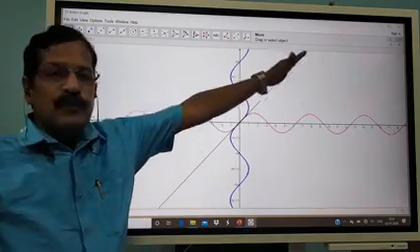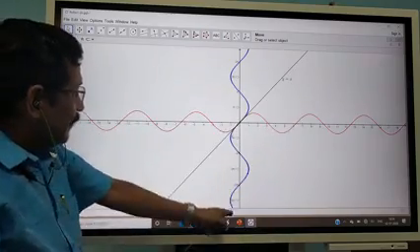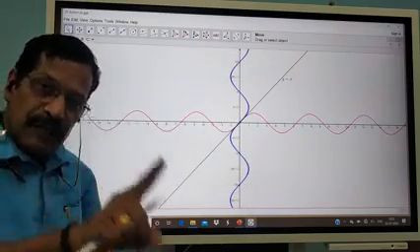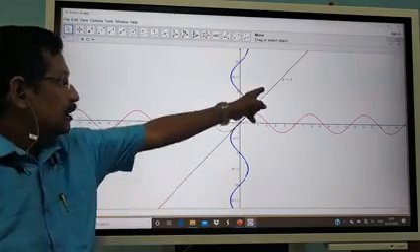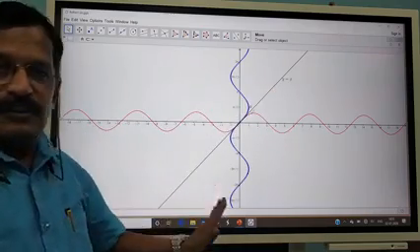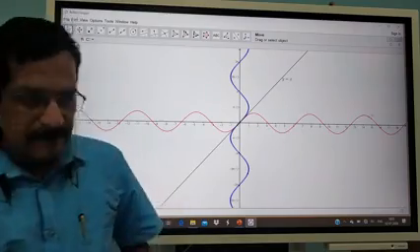This is the line y is equal to x. Now it is clear that the graph of sine inverse is the mirror image or reflection of the graph of sine with respect to the line y is equal to x. The same picture is in our textbook.